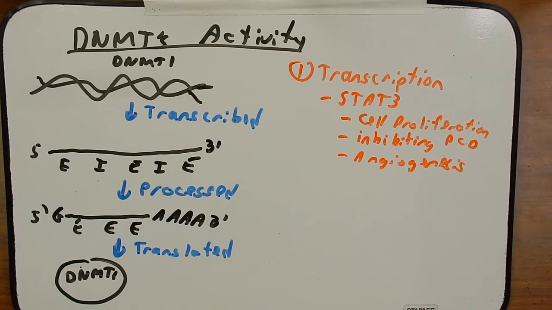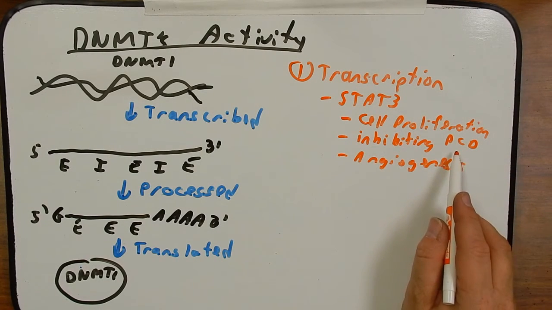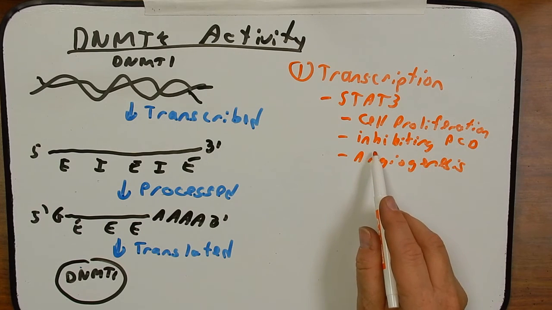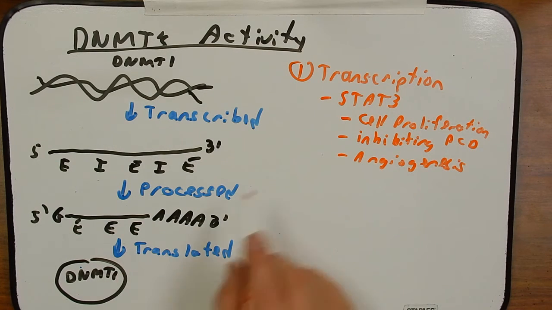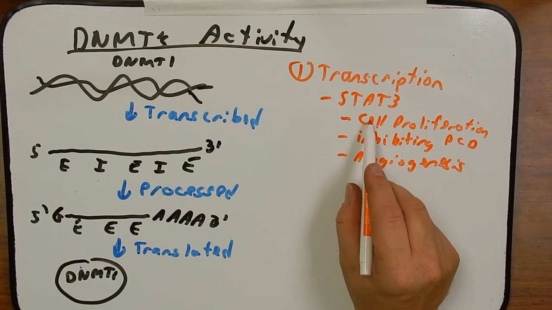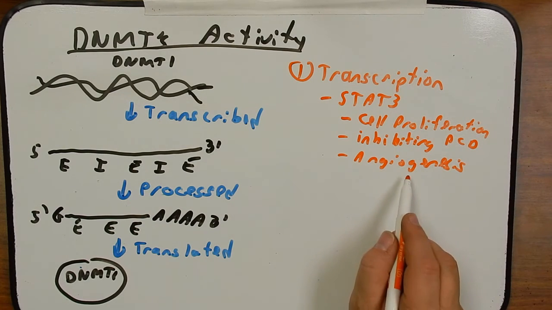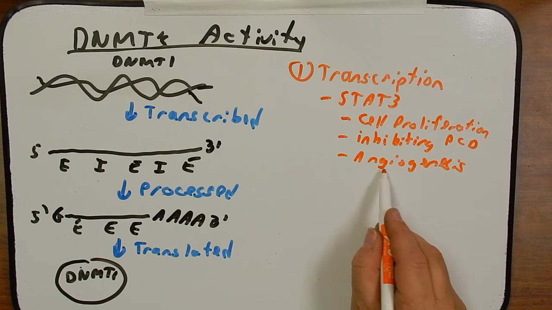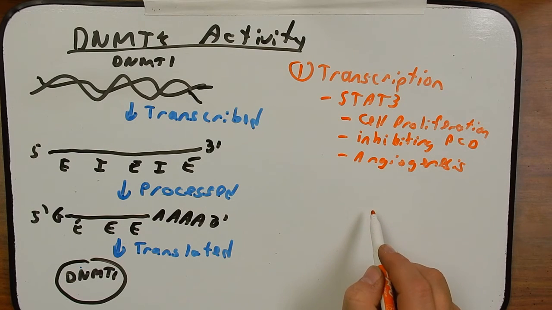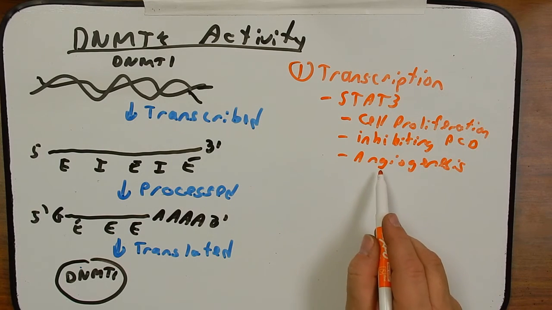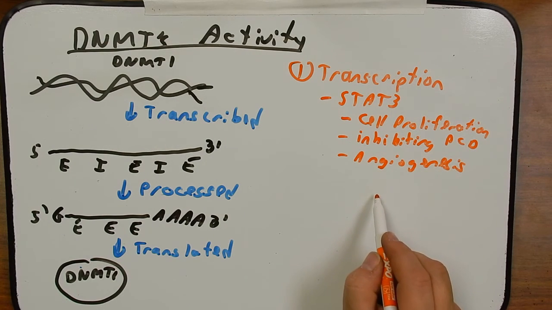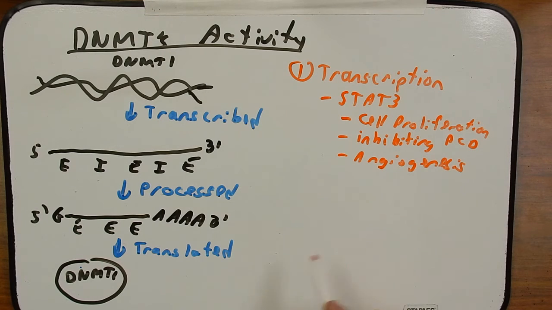Remember, some cells we want to go through programmed cell death, other cells we want programmed cell death to be inhibited. Some cells, or at some times of the cell's life, we want it to proliferate, other times we don't. Angiogenesis is a very unique pathway, and that is the pathway of building blood vessels. So during embryonic development it's very important, and during wound repair it's important to build blood vessels to those sites.